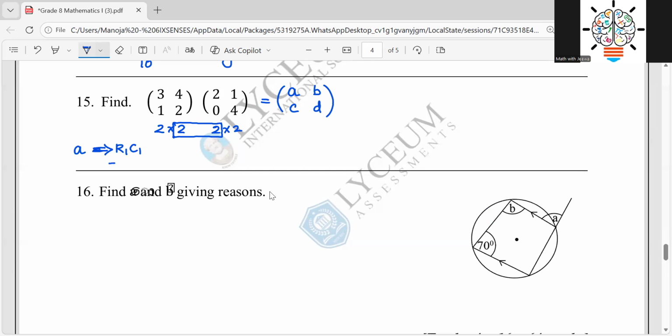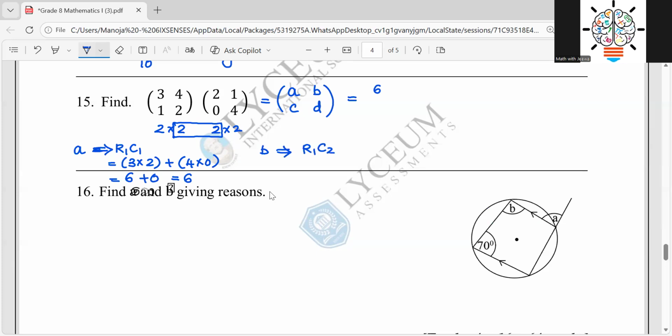How are we going to get the answer? 3 times 2 plus 4 times 0. 3 times 2, 6. 4 times 0, 0. Then the answer I can write here that it is 6. Then I get the value B. What is B, children?